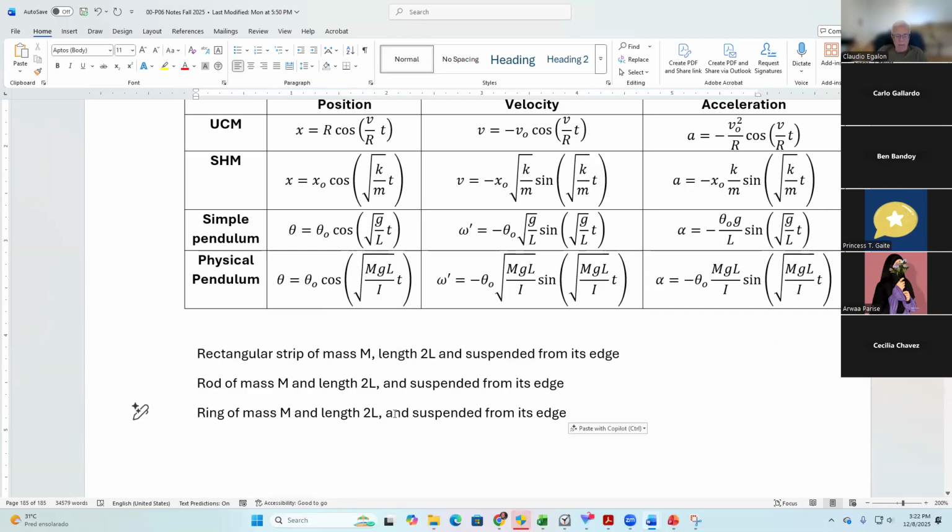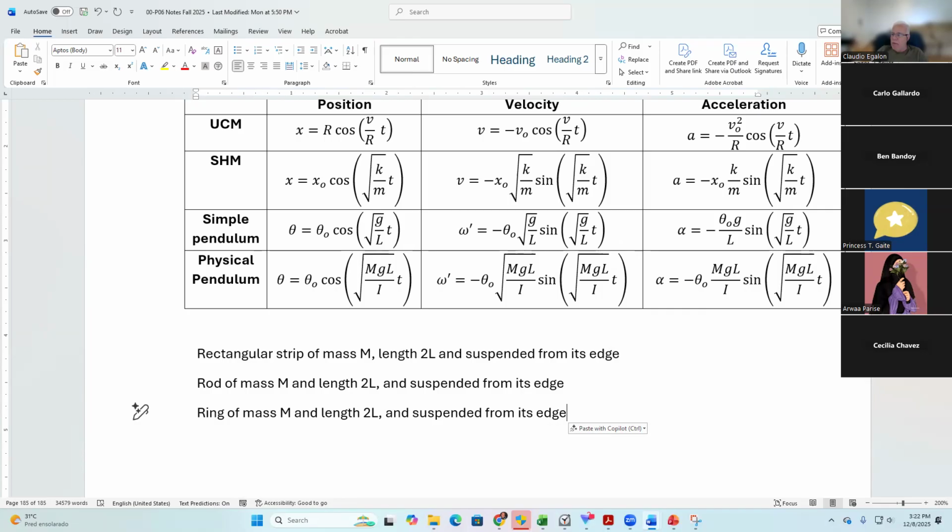So you just have to apply the I for all those cases here, and then you get the right equation of motion, right?